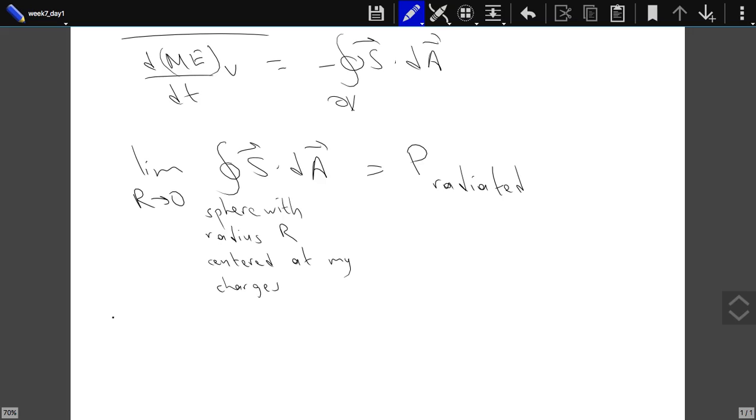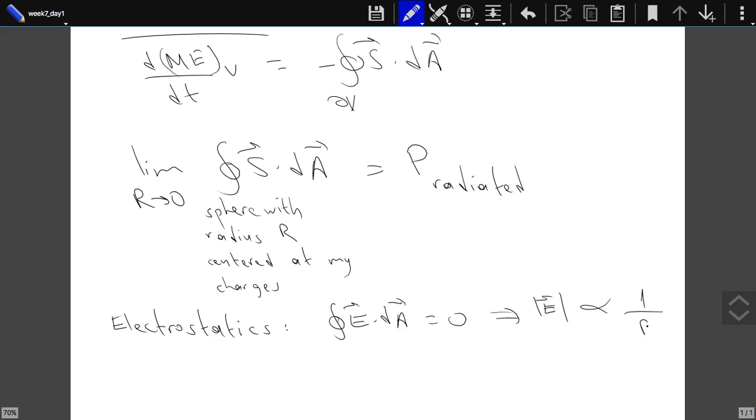You see, in electrostatics we have the Gauss law. By the way, this dA is the area, not the vector potential. But this tells me that for very large distances, the electric field should go as 1 over r squared.